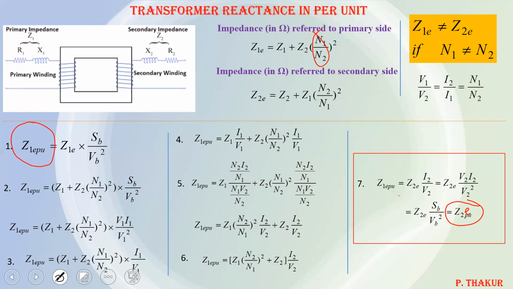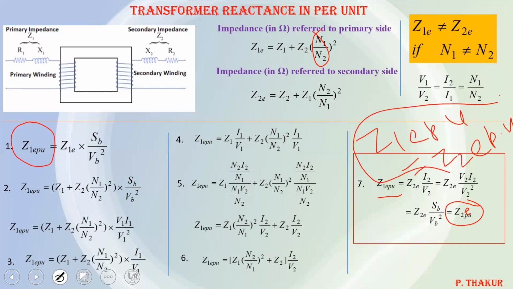So here total impedance of the transformer referred to primary will be equal to total impedance of the transformer referred to secondary, if impedance values are given in per unit. You must remember here it is Z2E per unit. So this is one advantage.